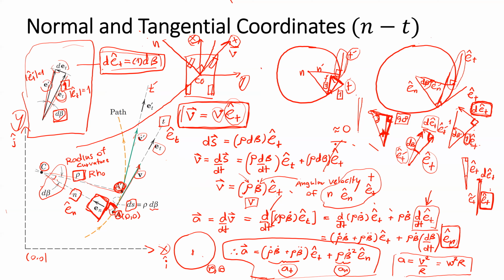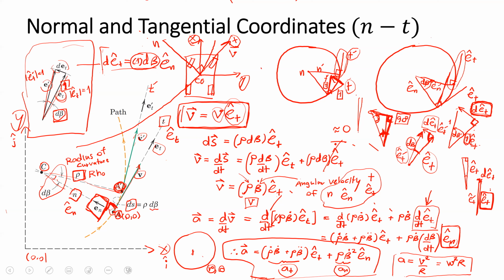Sorry, this is wrong, what I wrote here is just the magnitude. If you need to complete it, you need to put the direction. It should be like this. So the magnitude of the DE is equal to the radius 1 multiplied by the angle delta beta, the magnitude.